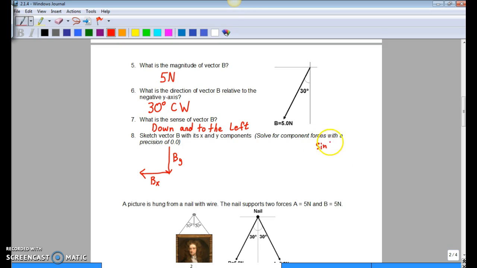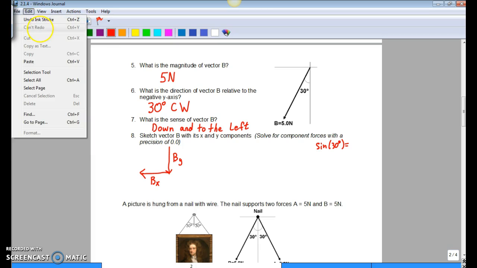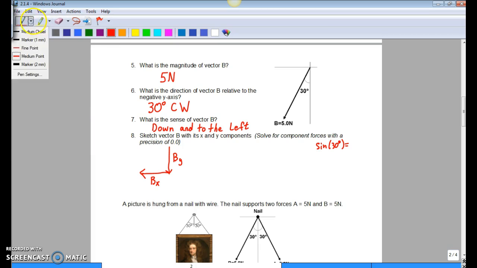We find the sine of 30 degrees is our opposite. So if I drew in the resultant here, there we go. And this was our 30-degree mark.